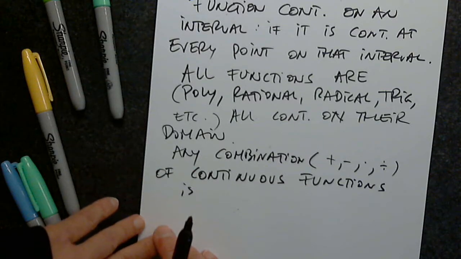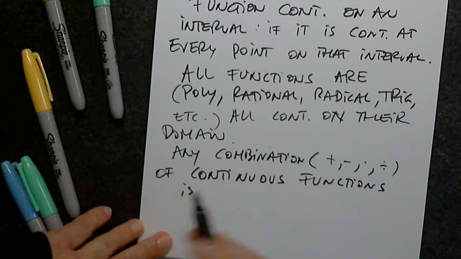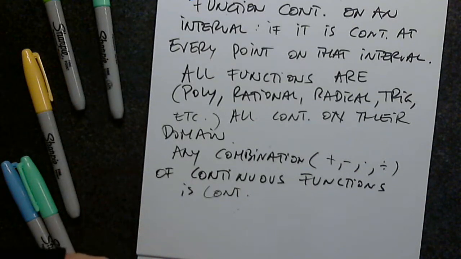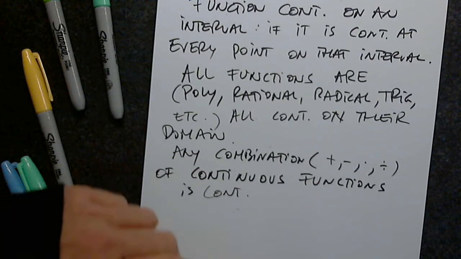If I add two continuous functions, I get a new function that is continuous. If I subtract two continuous functions, I get a new function that is continuous. If I multiply or divide two continuous functions, I get another continuous function.